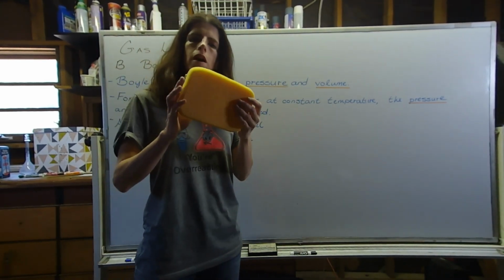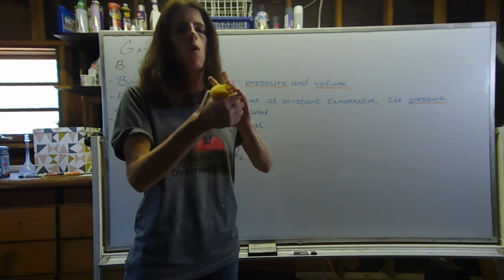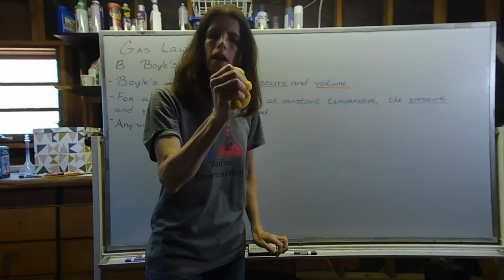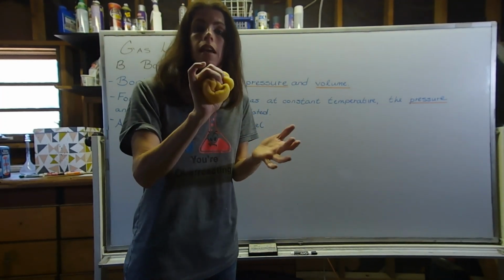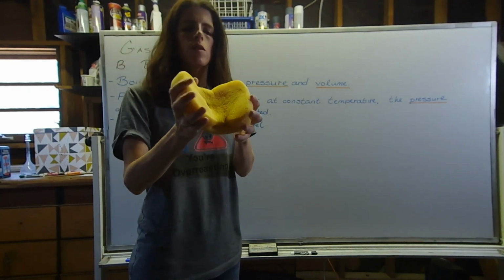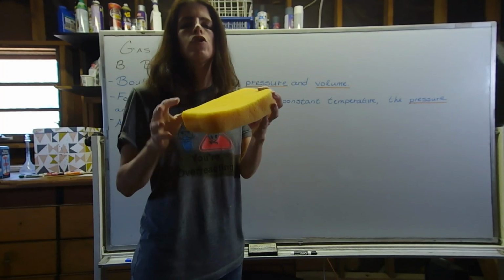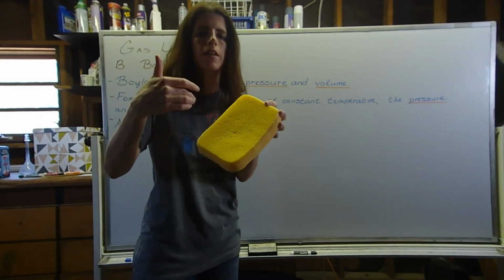When you use a sponge, the sponge has a certain volume. And then when you squeeze the sponge, now the volume decreased, in this case, to about 1/3 of what it originally was. You release the pressure on the sponge, which decreases pressure. Now volume went back up again.